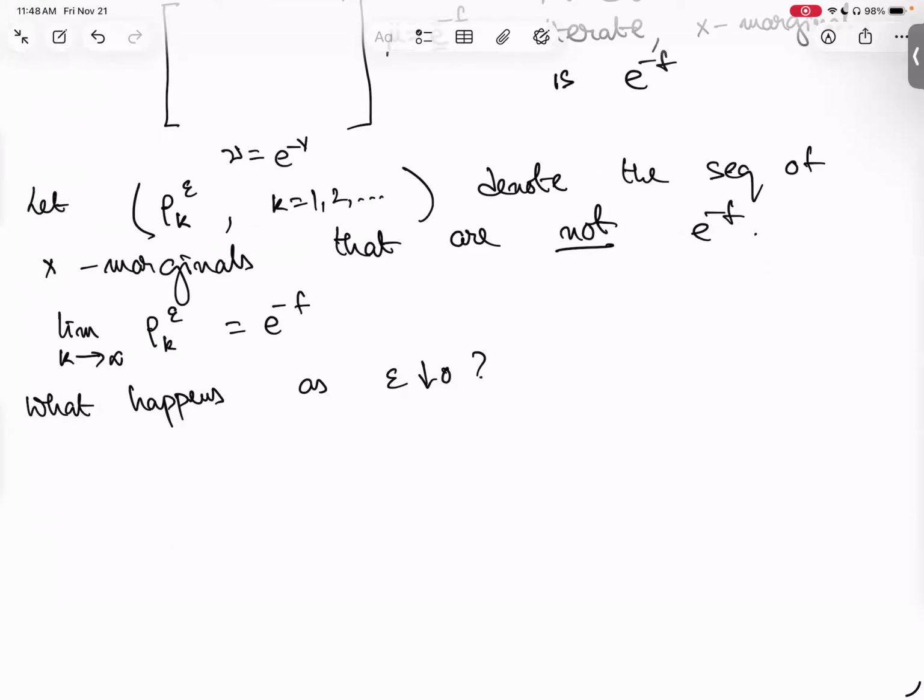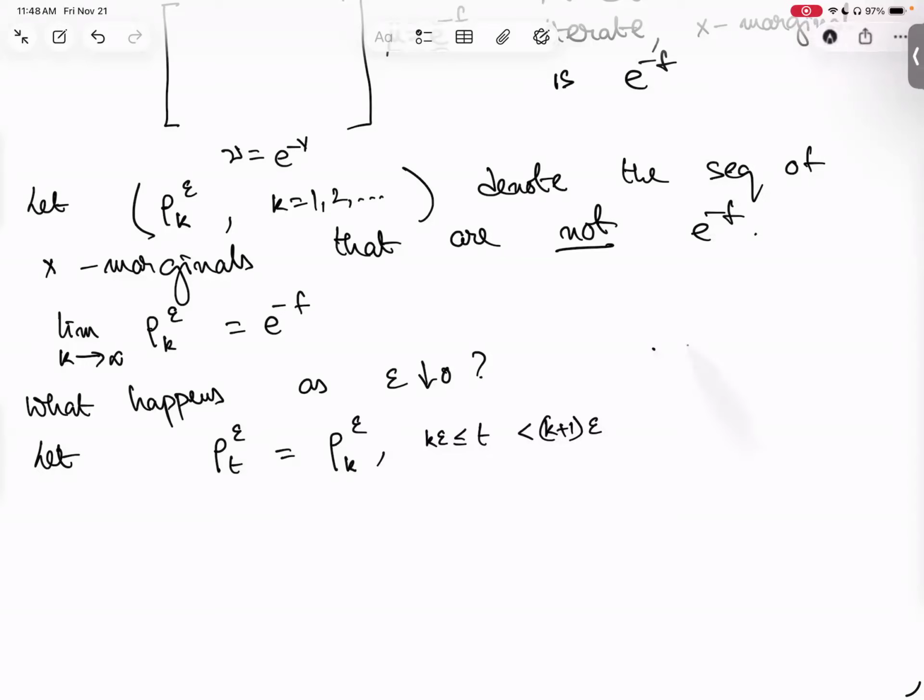So first, I'm going to embed things in continuous time. Let rho t epsilon be rho k epsilon when t is between k epsilon and k plus 1 epsilon.